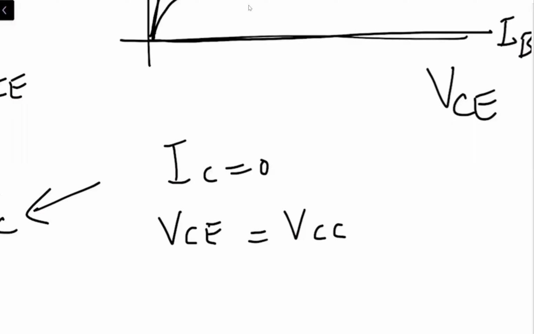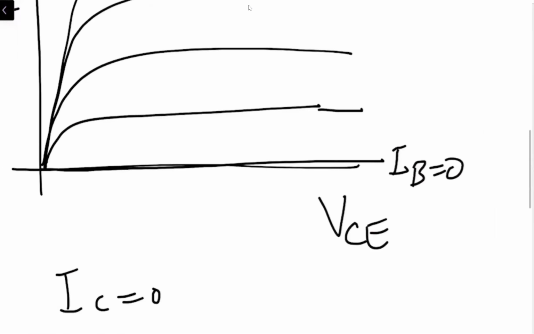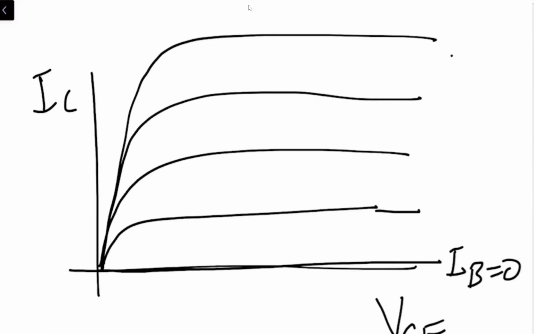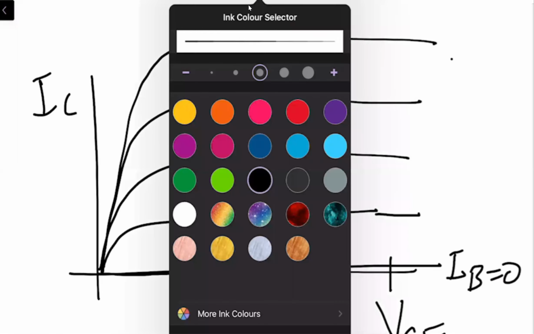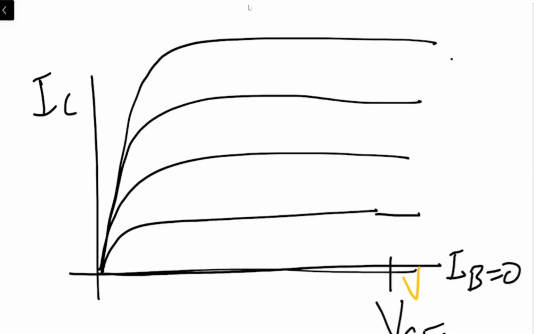And when IC is equal to 0, in the characteristic curve we are at something like this point over here, where the value VCE is equal to VCC.